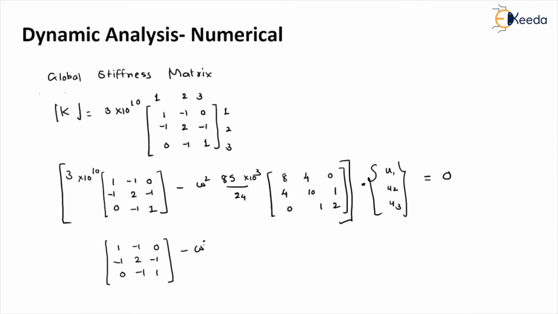When we divide this whole value by 3 into 10 raised to 10, we will get 1.181 into 10 raised to minus 7.